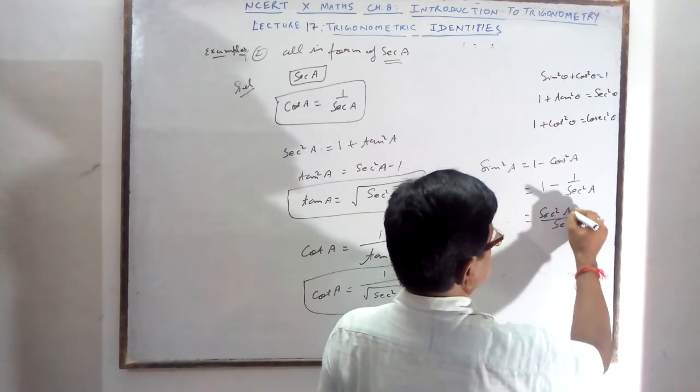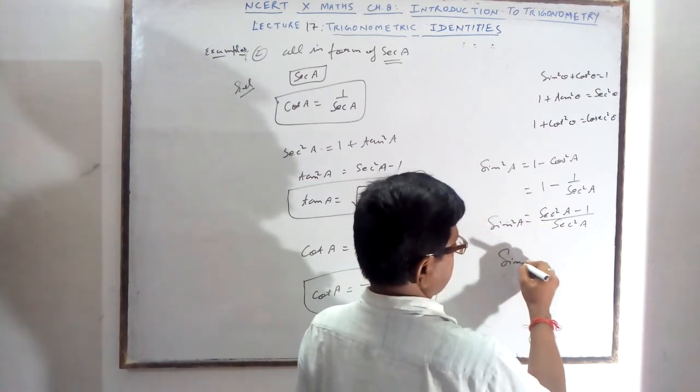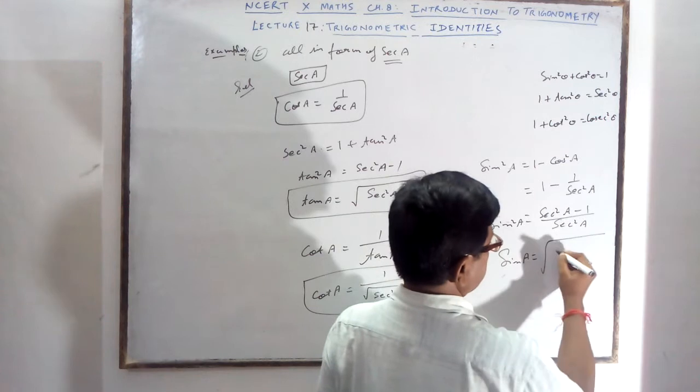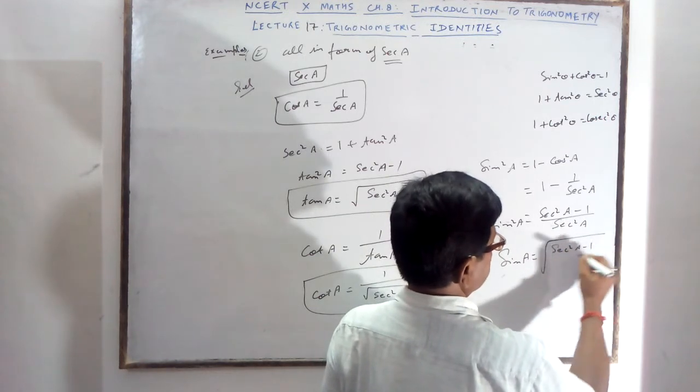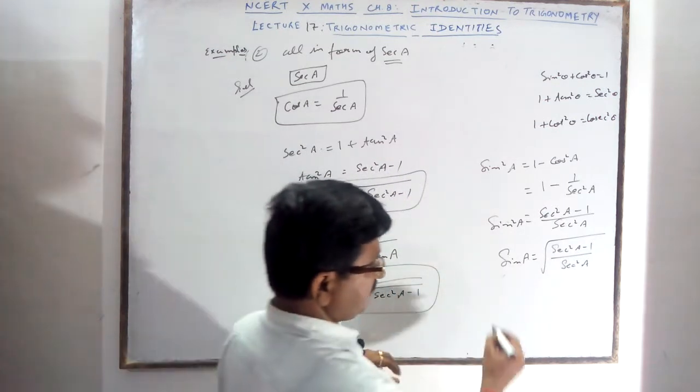So sine square A is sec square A minus 1 upon sec square A. Then what is sine A? Sine A is equal to under root sec square A minus 1 upon sec square A. You are getting this. Simplify this.